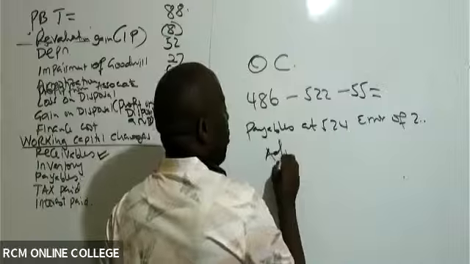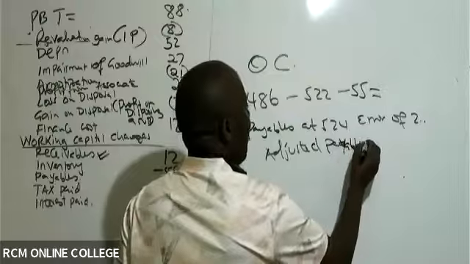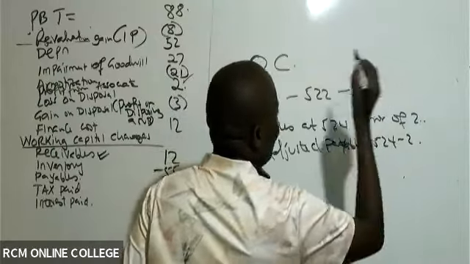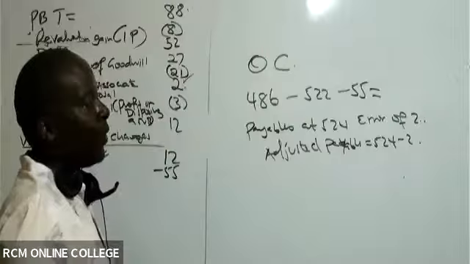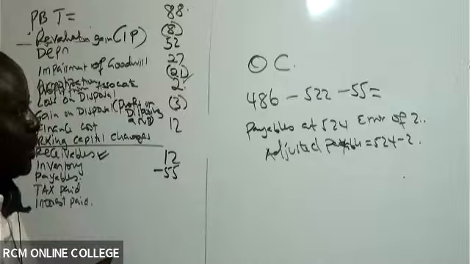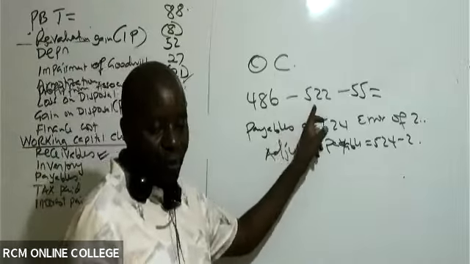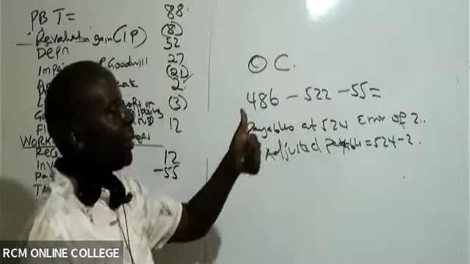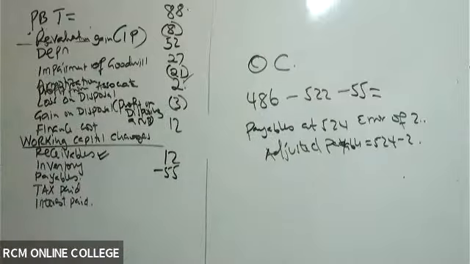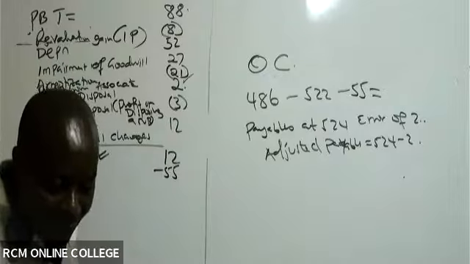The adjusted payables will be 524 minus 2. The 2 we shall be taking to PPE. So are we in agreement that the closing payables are supposed to be 522? Yes. Great. So what does that mean? What should payables be? Payables should be 522.